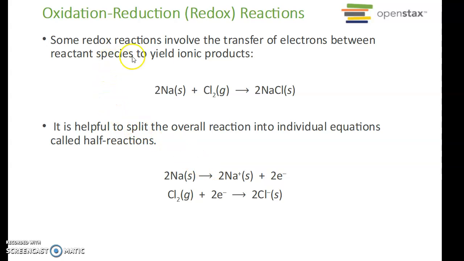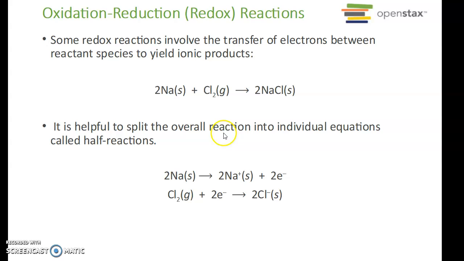So some redox reactions involve the transfer of electrons from a reactant species to yield a given ionic product. Again, this would have a 0. Each of these would be a -1. So that this right here would still be a -1, but this right here would become a +1.